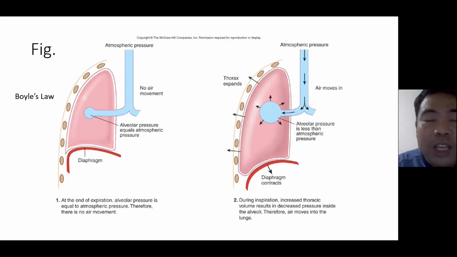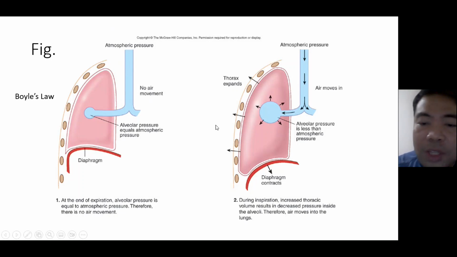Usually, air moves from higher pressure to lower pressure. And since at the end of every expiration natin, equal ang alveolar at atmospheric pressure, there will be no movement for that brief period of time.